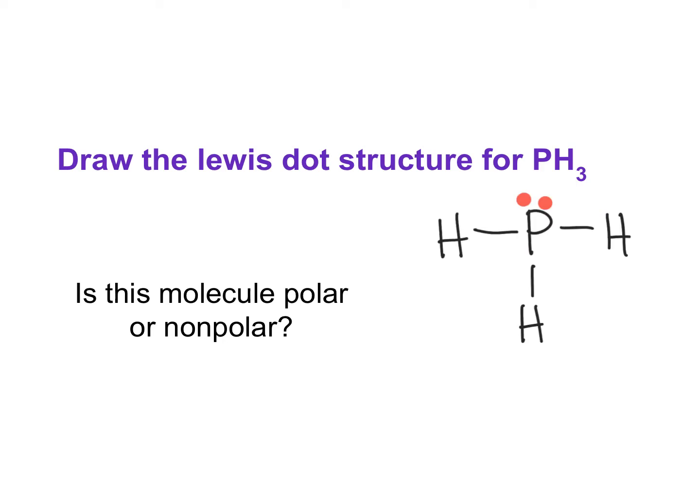This molecule has no way that we can draw a symmetrical line down the middle without splitting atoms in half, which can't happen. So this molecule is asymmetrical, not symmetrical, so it's going to be polar. And you can imagine that phosphorus, because we see a lone pair, we see two electrons here, is going to hog those electrons.